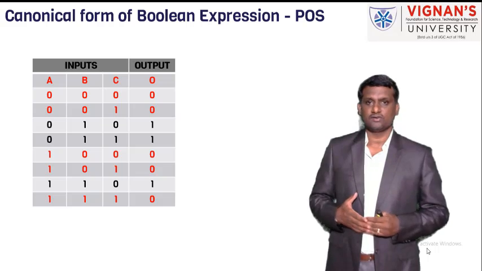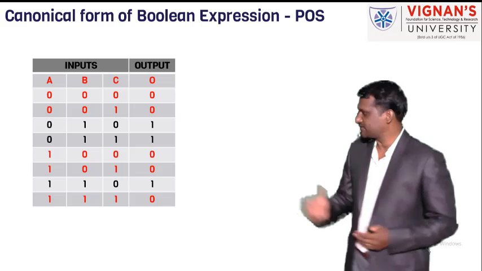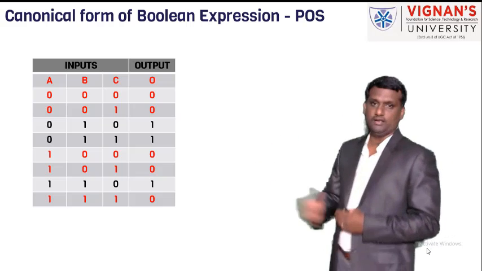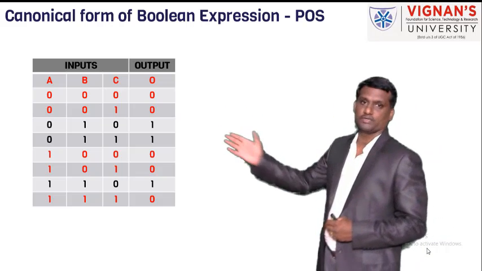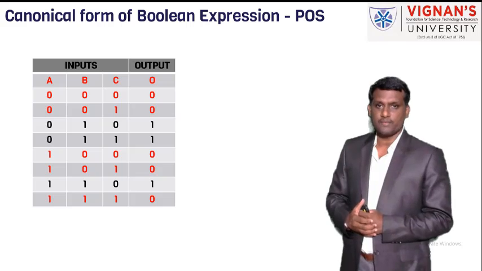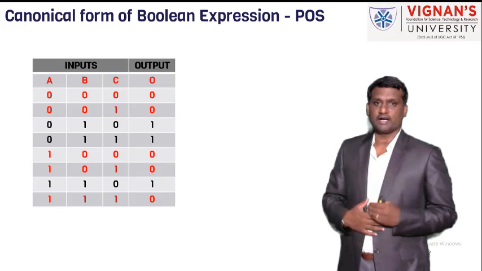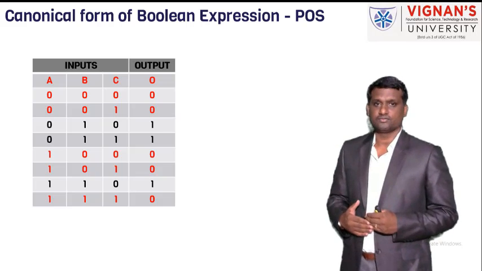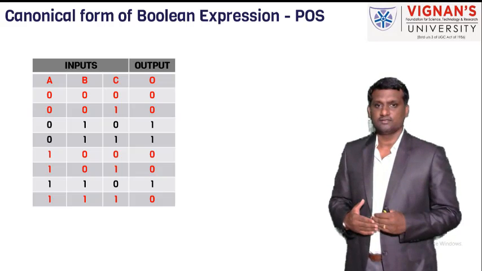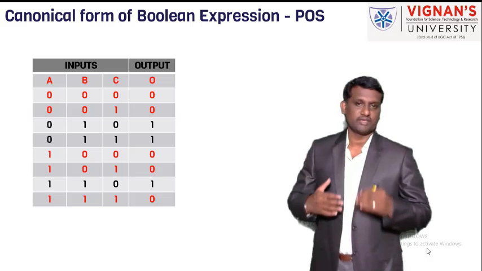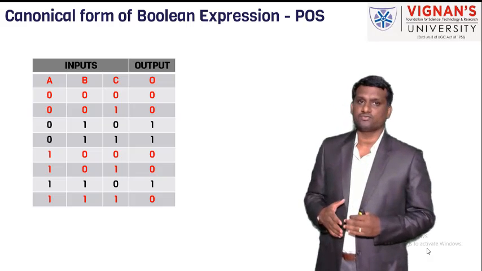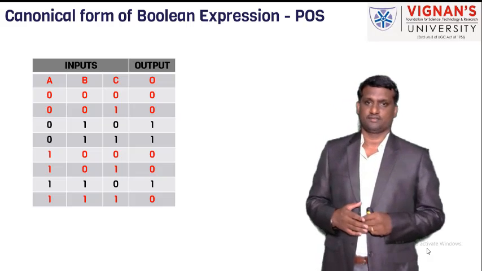All those 0 to 7 combinations are listed in the truth table and the corresponding output is given in the output column. The output column consists of zeros and ones. The 0 terms we should consider for the formation of product of sum terms.